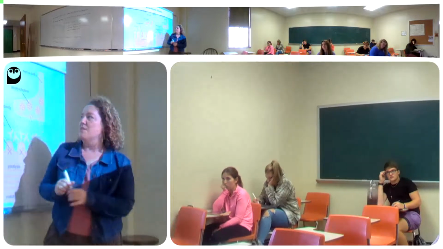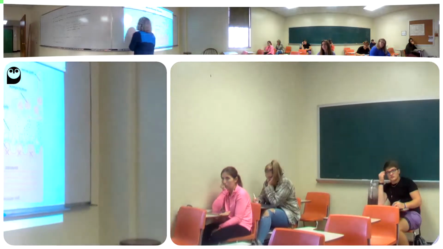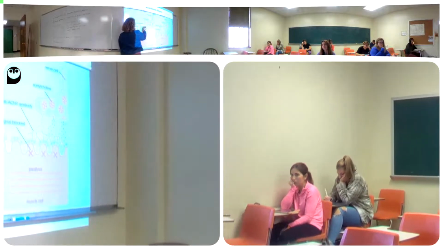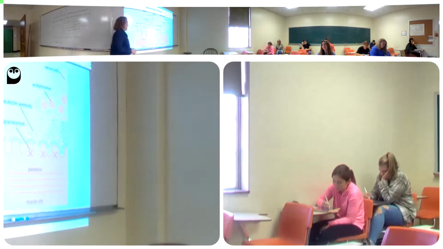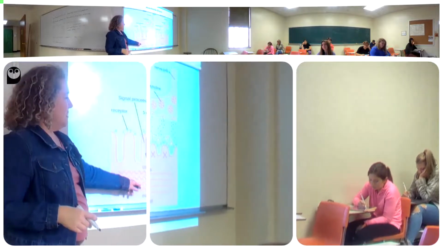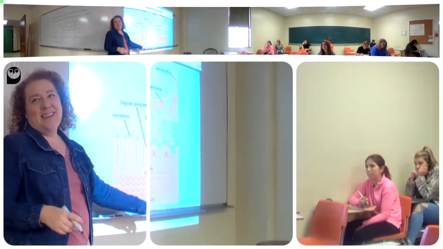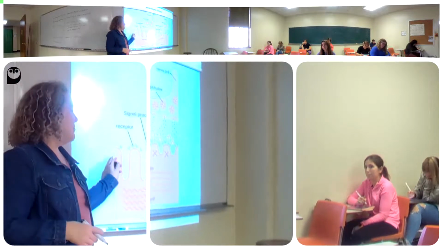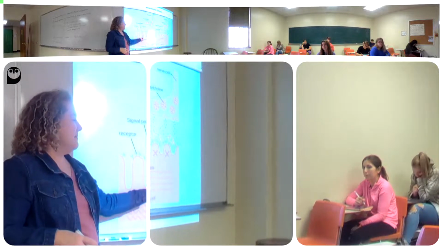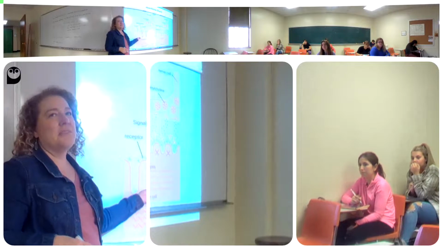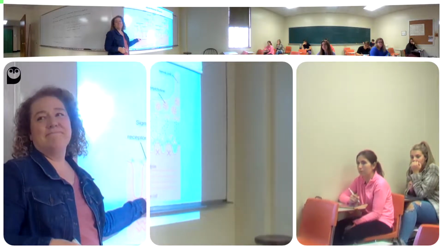Okay, so what's happening here is you have a nerve sending signals to a muscle cell to contract. And the reason I'm laughing right now is I just noticed they put a villus structure on the muscle cell, which is not a thing.